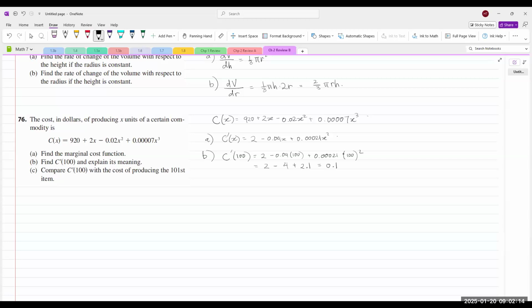Okay. Explain its meaning. This is the marginal cost when we are producing 100 units, right? So what is marginal cost?